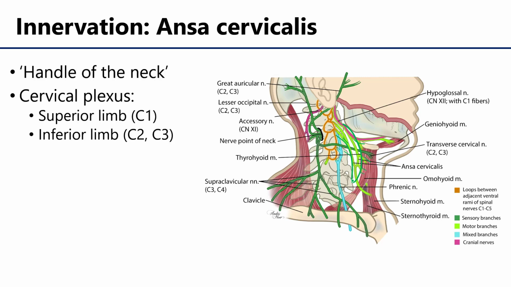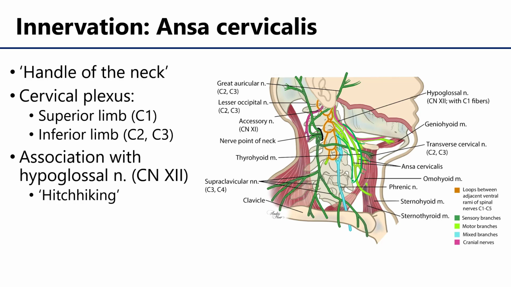So the cervical plexus or the handle of the neck has also sensory components to it, and that's something that we'll get into in a later video when we discuss nerves. Those superior limb or C1 fibers are usually associated with another cranial nerve called the hypoglossal or cranial nerve 12, and so as the C1 fibers exit, they follow along the hypoglossal fibers.